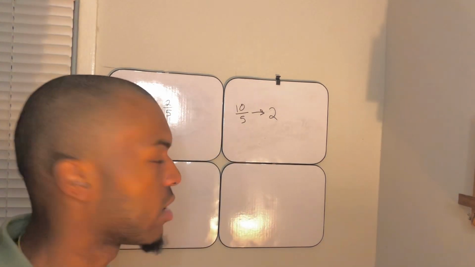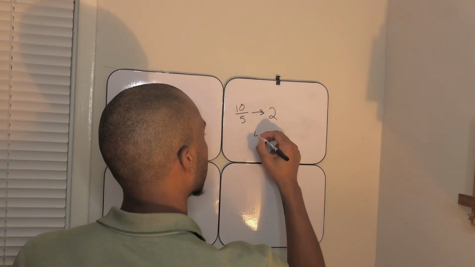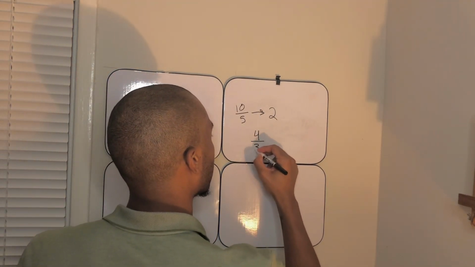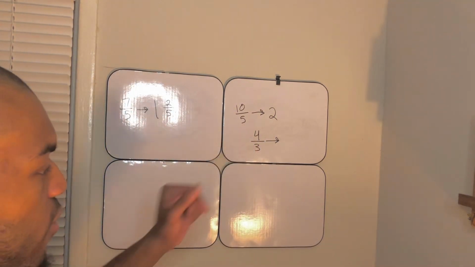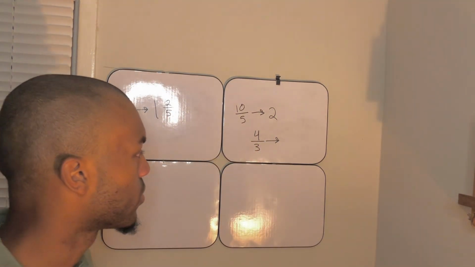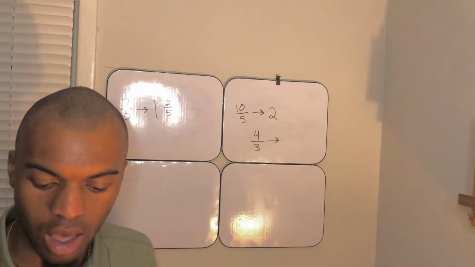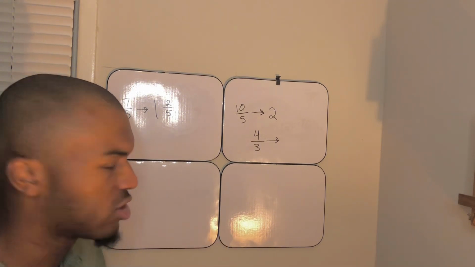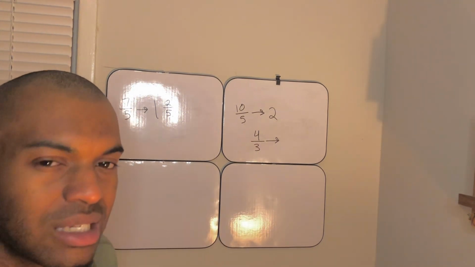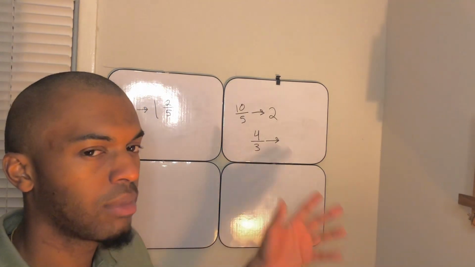Let's do another example. Let's say we had something like 4/3. So let's say we got 4 over 3. How do we turn this into a mixed number? Again, just starting off with the basics. You really just want to pay attention to this number on the bottom.